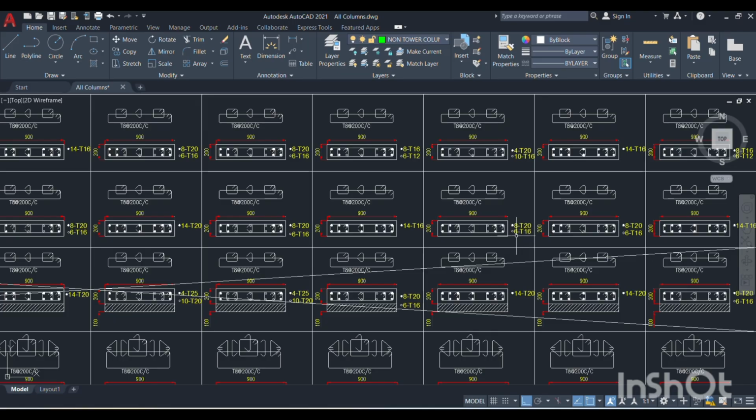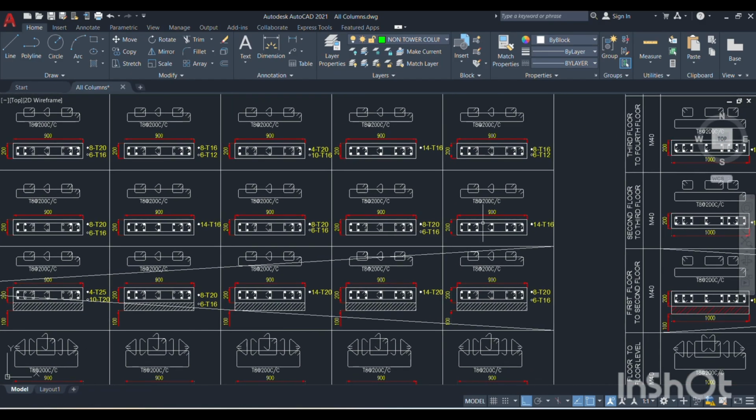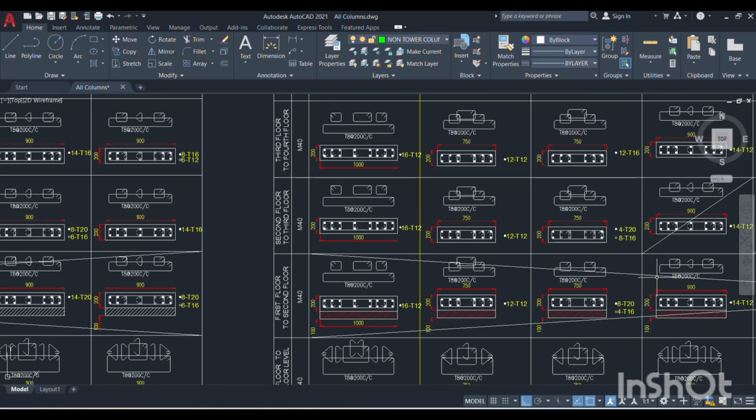You see, here also one is there, 820 and 616. So same sizes are there, and this is C10 and C11. So here mark it C10 and C11. Next, go on, you can search whatever is available.